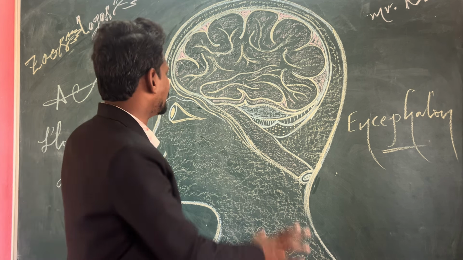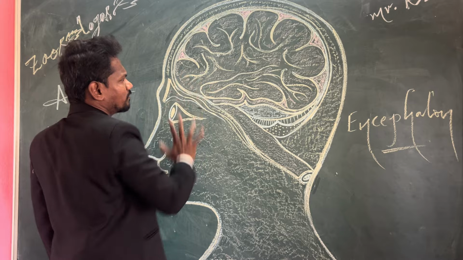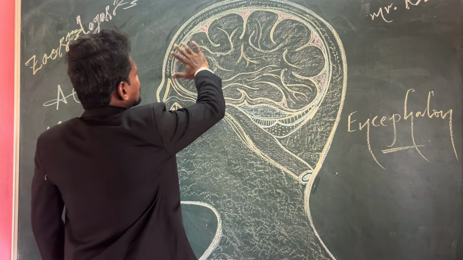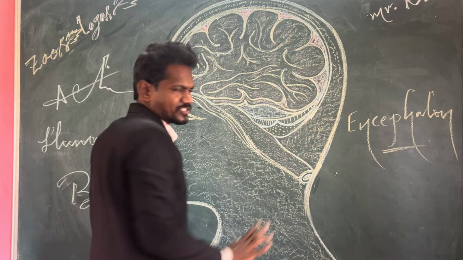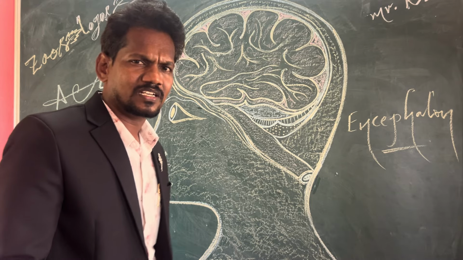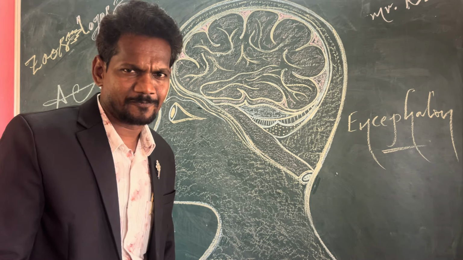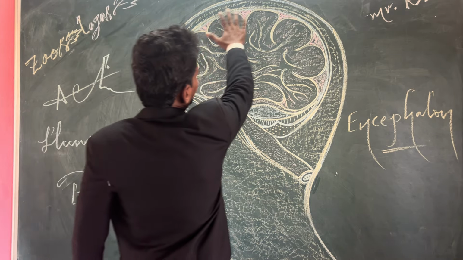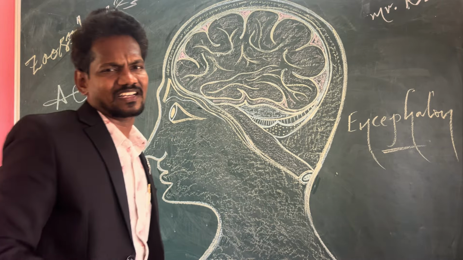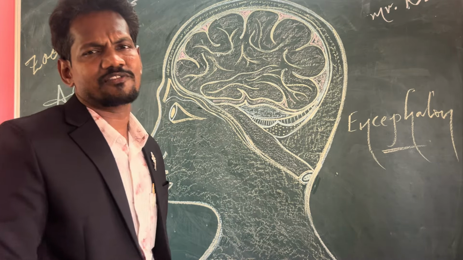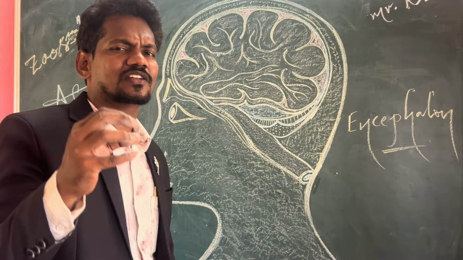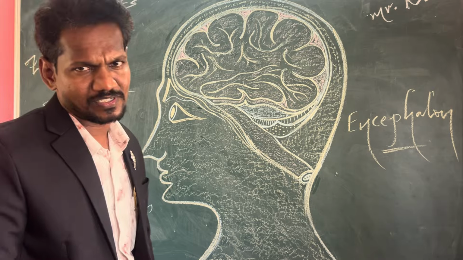Remember, if we observe the human brain, the entire surface of the human brain is called the cerebral cortex, the largest region of the brain. The cerebral cortex is grey in color due to the presence of the cell body, cyton or soma of the nerve cells. Why?